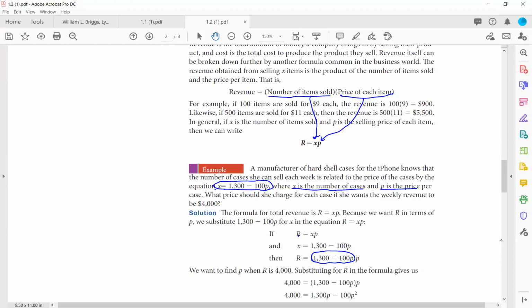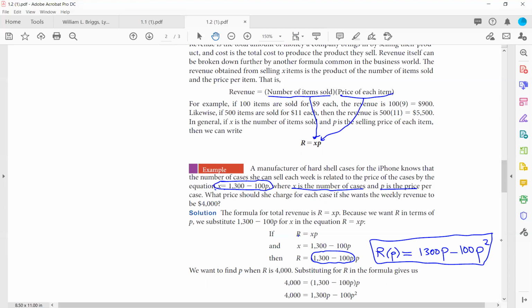So we have a nice function. R of P is equal to 1,300P minus 100P squared if you distribute P into the parentheses. This is your revenue function depending on P, or the price.